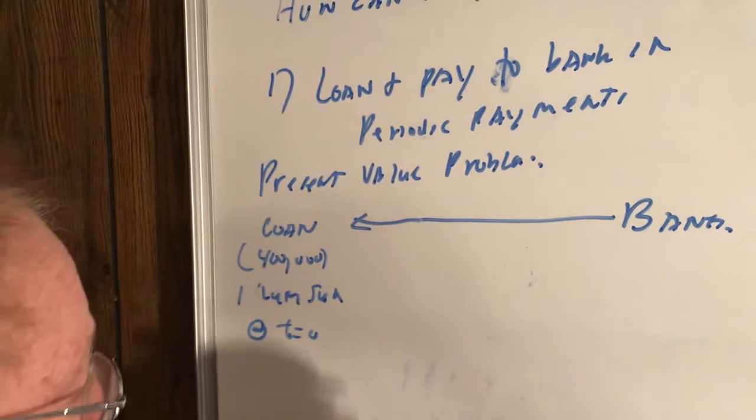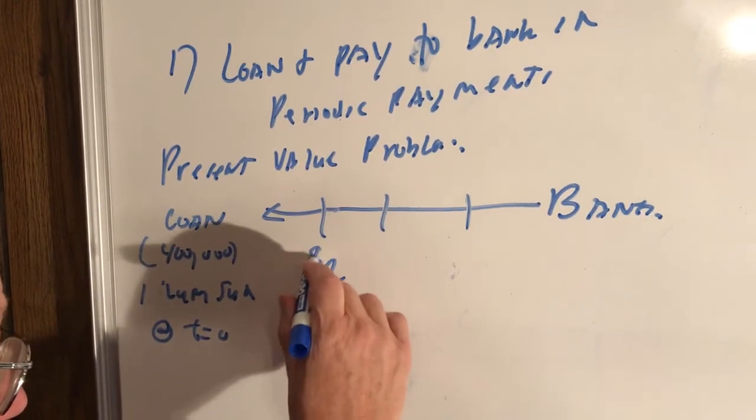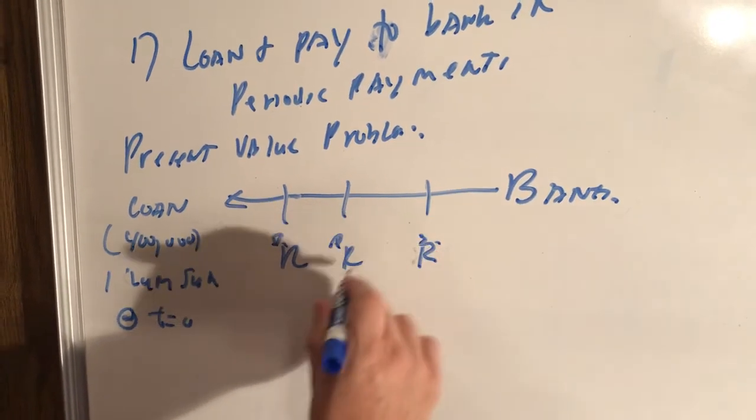Now you can then pay the bank back R dollars every period to the bank.